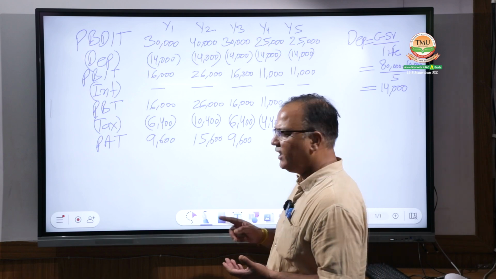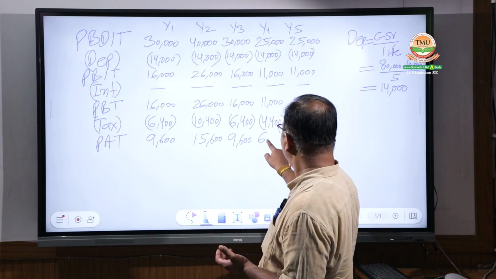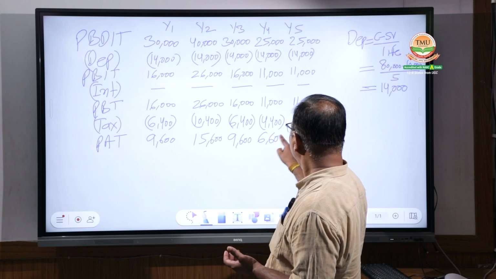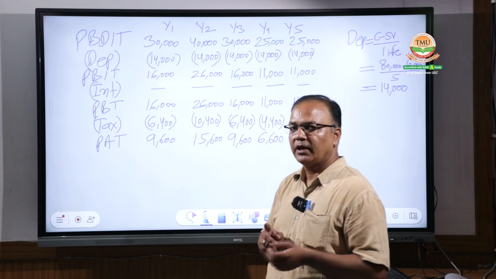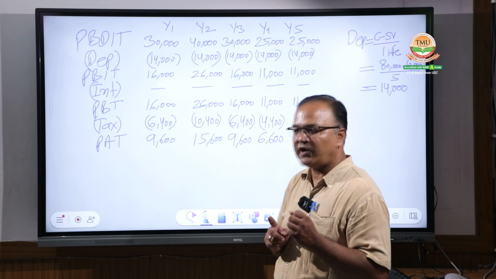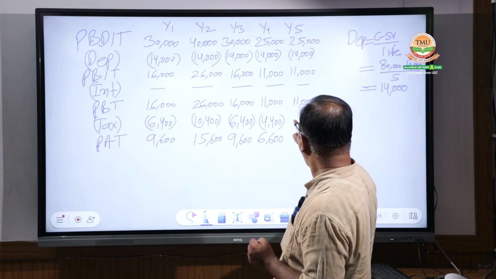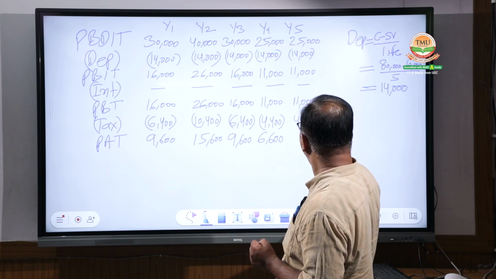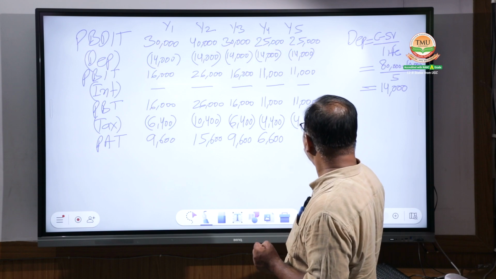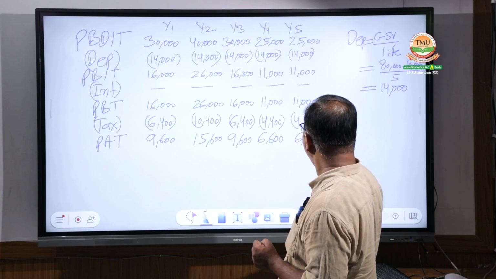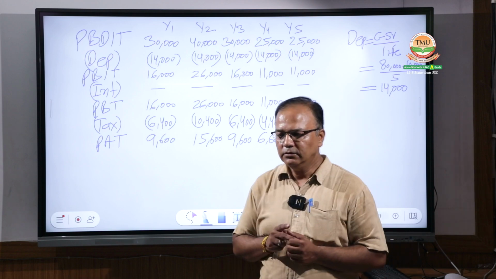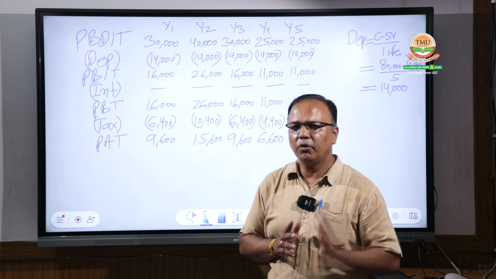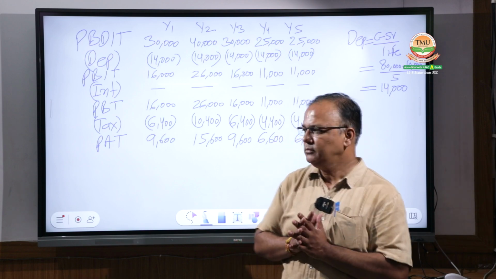If deducted, it will be 6,600. And in the fifth year, the amount of tax will be the same, 4,400, and profit will be 6,600. So this is the amount of profit after tax.